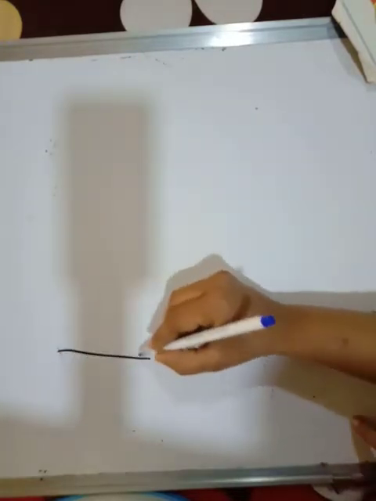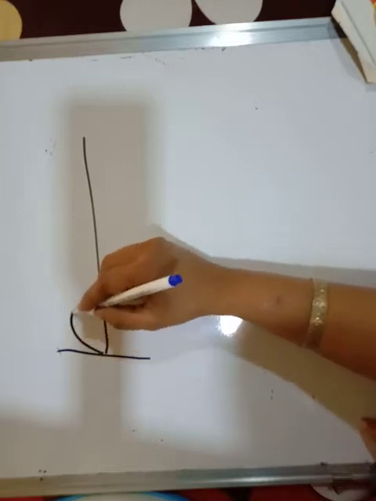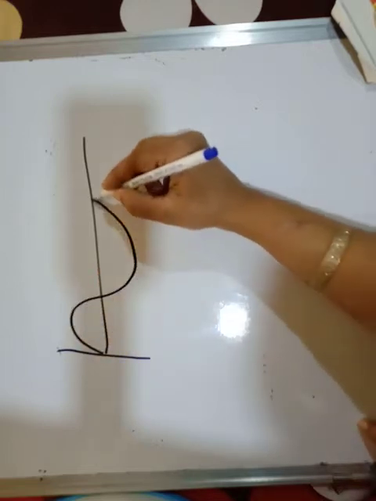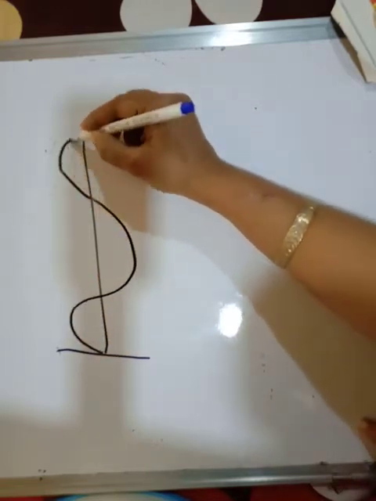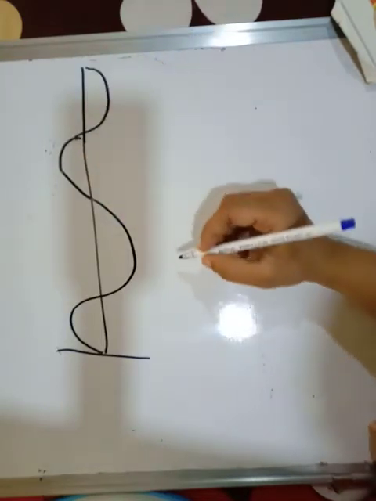AC voltage always consists of two half cycles. If we see in this diagram, we have two half cycles.